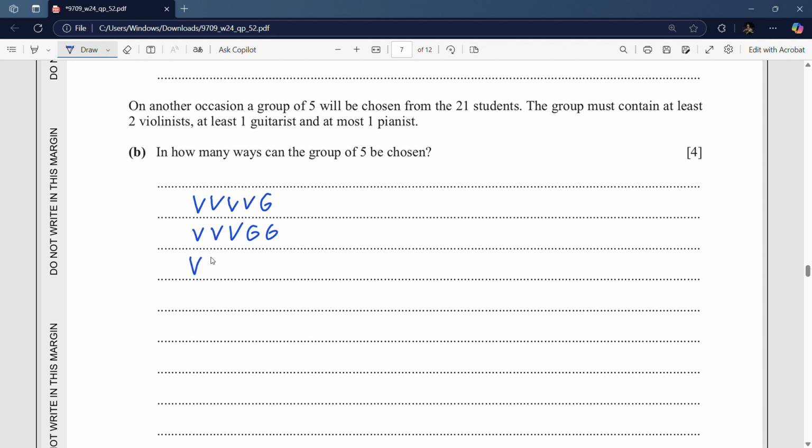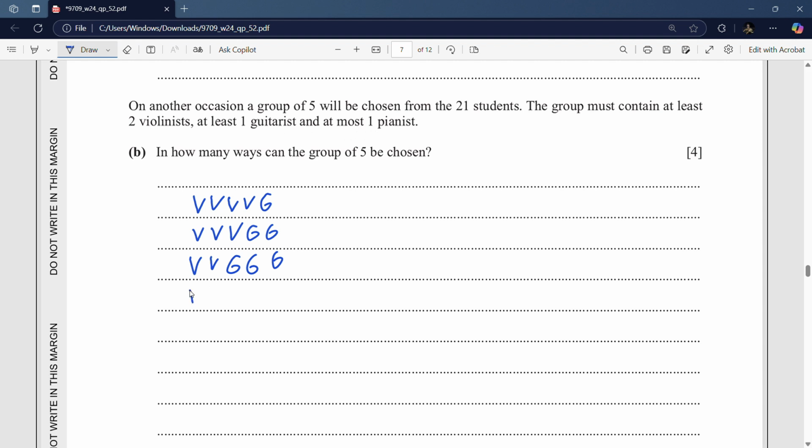Okay, here we can take 2 violinists and 3 guitarists, because it's saying only the minimum value, and here we cannot take 1 violinist because it should be at least 2, and the guitarists should also be at least 1, and at most 1 pianist.